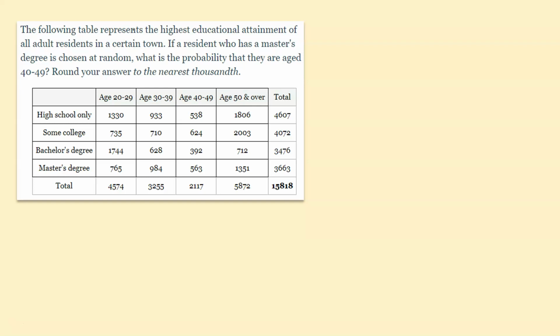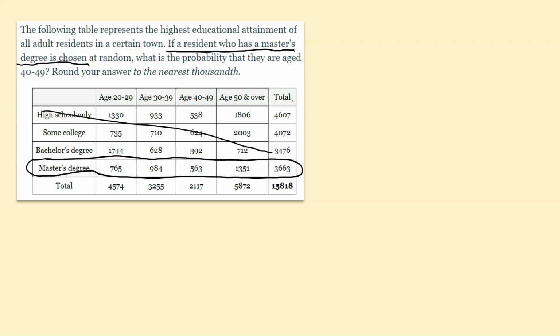So if a resident who has a master's degree is chosen at random, so there's our condition right there. We are only choosing residents who have a master's degree, so we are only choosing out of this data right here. So everything else is off limits.